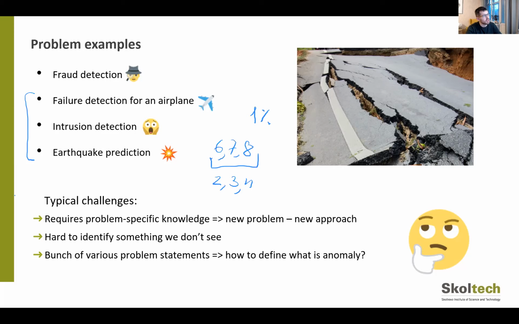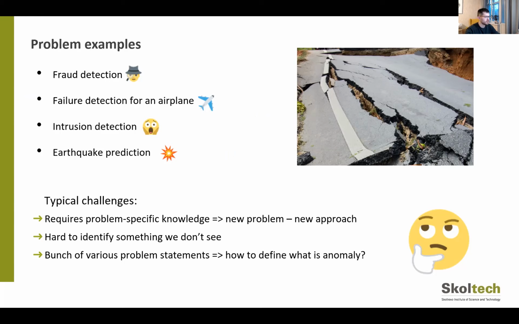In this case, it can be quite hard to identify them. This is definitely an anomaly detection problem, but it is a very specific type of input data. We try to identify what kind of specifics this problem has, what kind of approaches are useful and what are not.